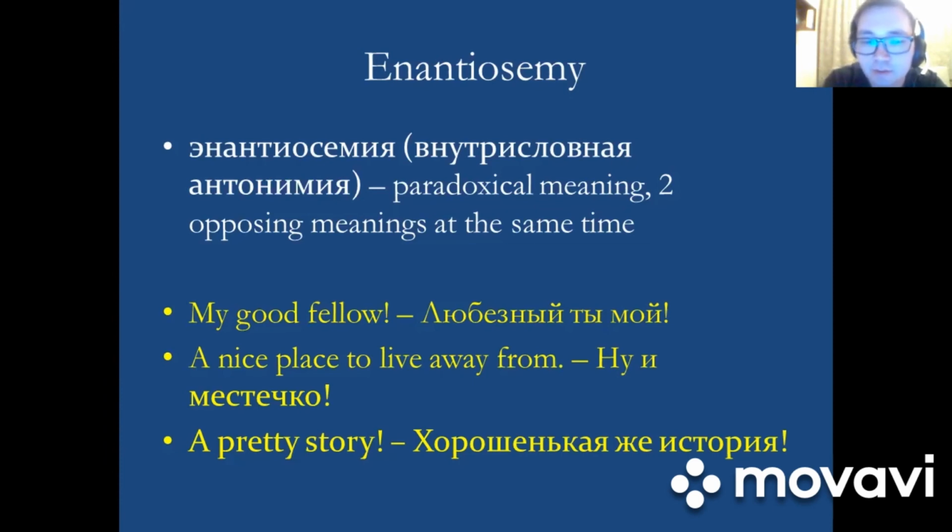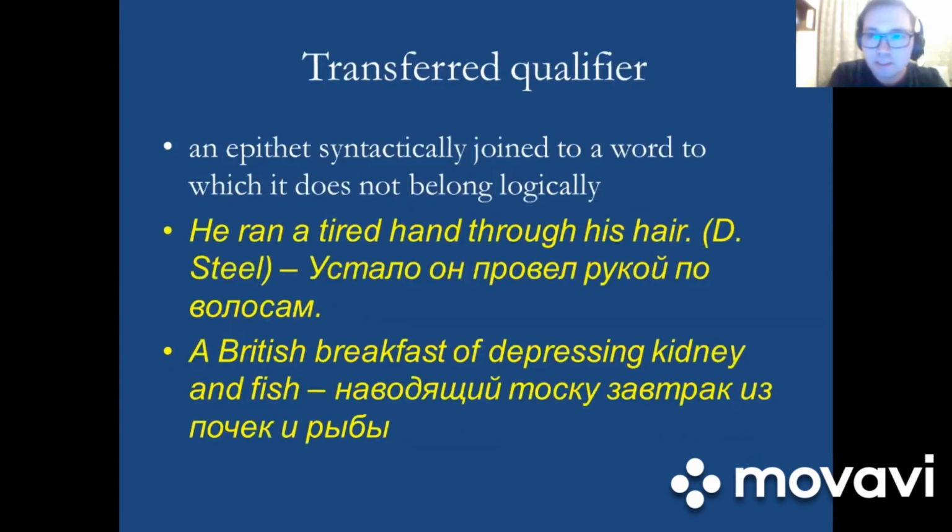Or the last example, a pretty story. So the story is not actually pretty. The author means that it's a bad story. That was a bad occasion, for example. So that's why we translated into Russian хорошенькая же история. Another problem is translation of transferred qualifiers. It is when an epithet is syntactically joined to a word to which it does not belong logically.